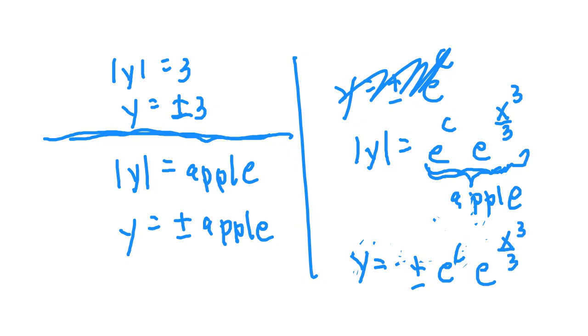But that can be thought of as plus or minus e to the c, which I can put in parentheses, times e to the x cubed over 3. And so you see, I can replace this plus or minus e to the c with an a.